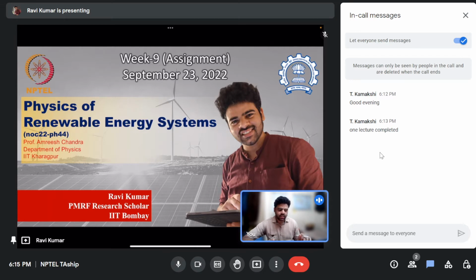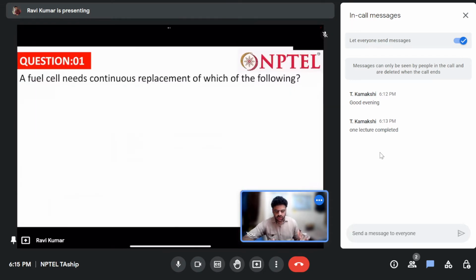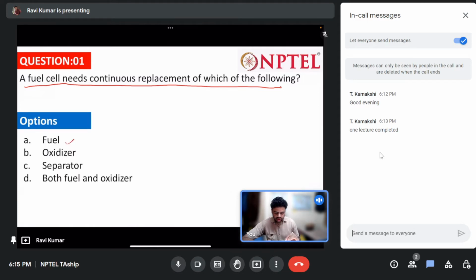So let's start with the first question, which says a fuel cell needs continuous replacement of which of the following? You just need to tell me which among these need to be replaced with time. Is it fuel, oxidizer, separator, or both fuel and oxidizer?